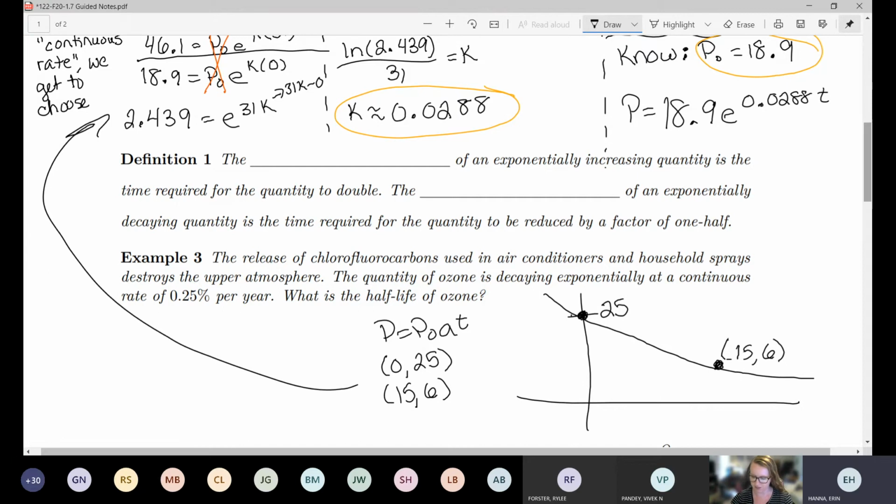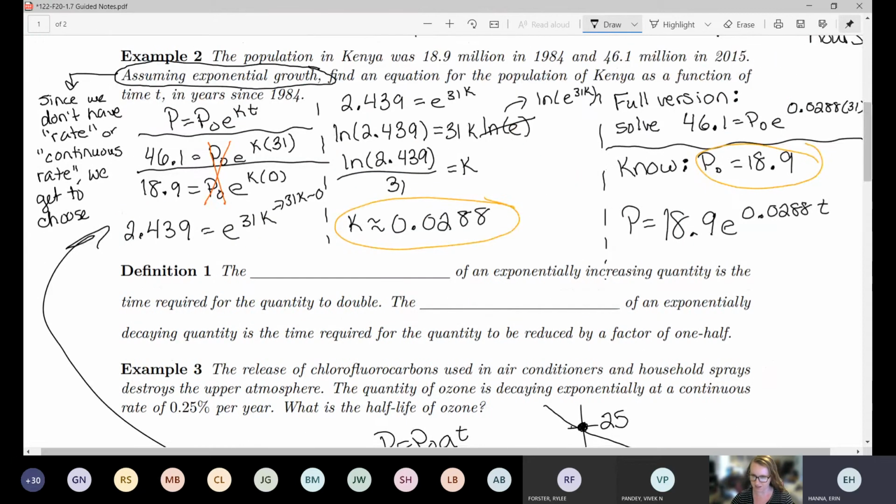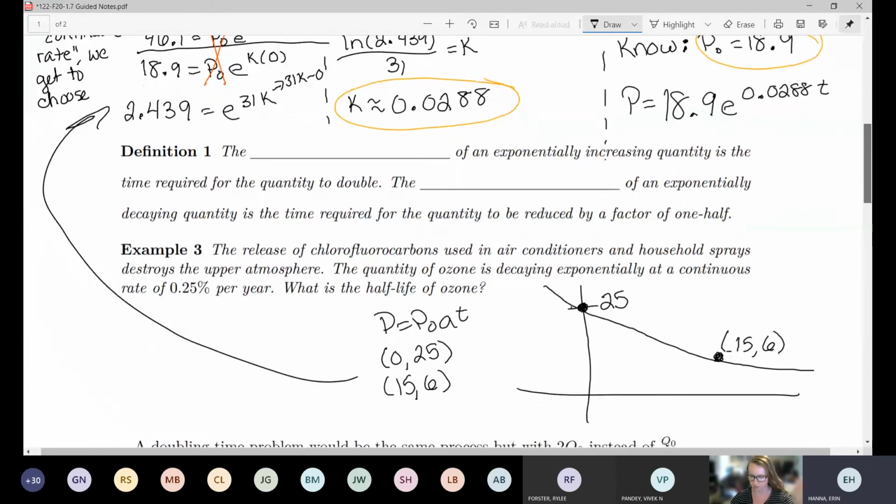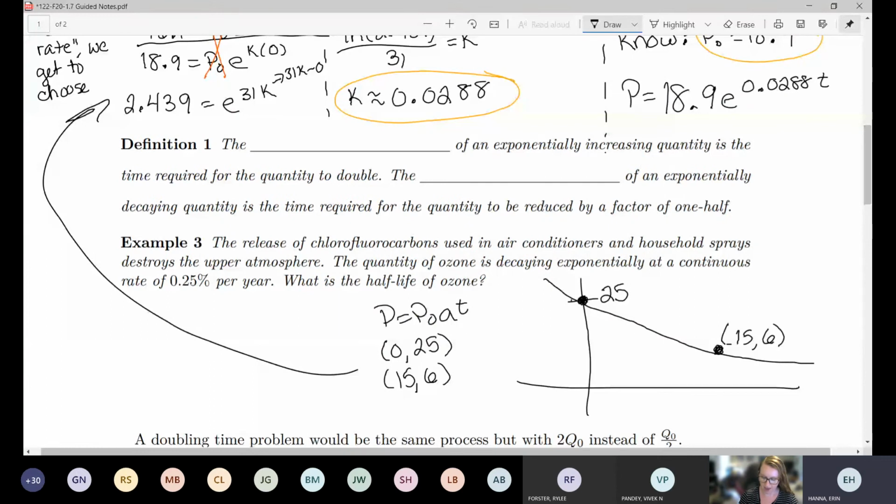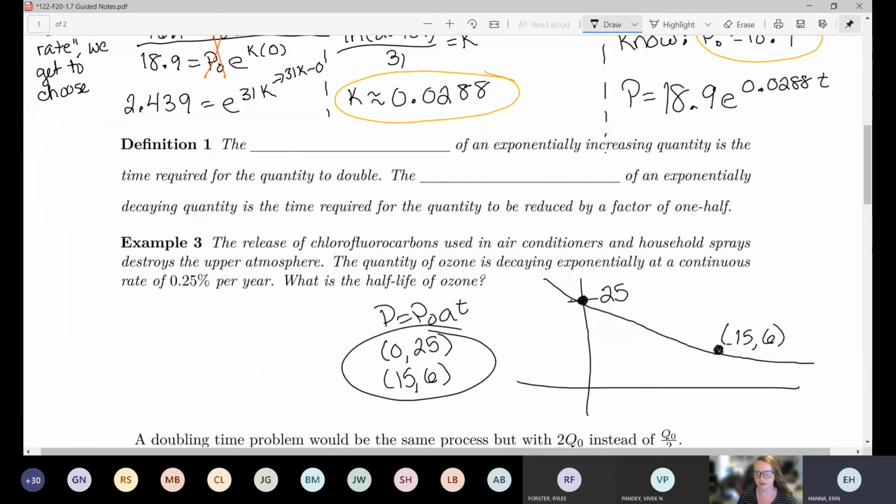It's essentially the thing we just did, but with the a to the t form, which was written down in the notes in 1.5. So if you go back to the wolf example in 1.5, follow that process, which is the exact same process we just did here, but the different format might be confusing. But you have 2 points. It gives you 2 points from the graph. Now you just take those 2 points, kind of forget the graph exists, and go about finding the equation with the process presented in 1.5.